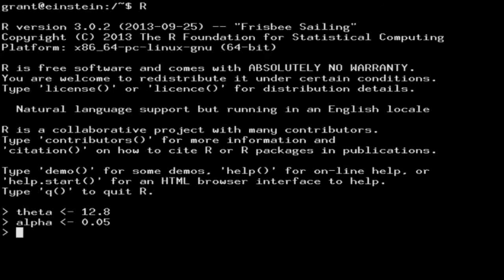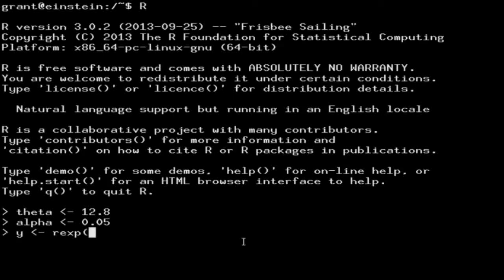We need a random sample. So let's take a random sample, say y, from our truth distribution, a random sample from our exponential distribution with parameter theta.